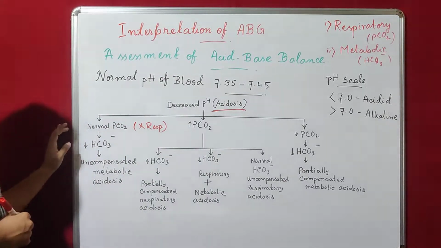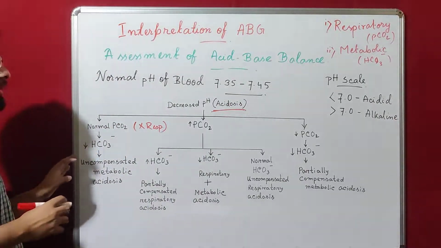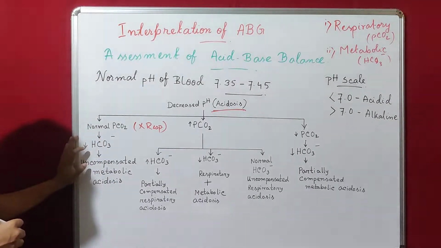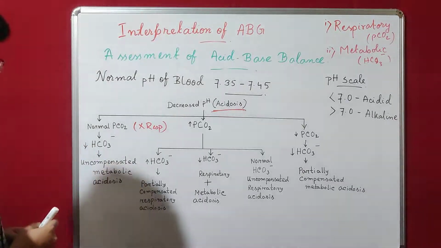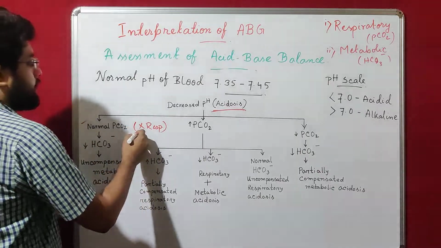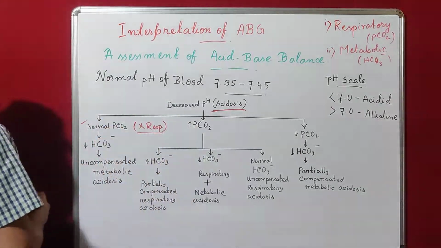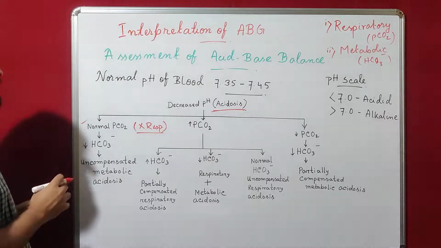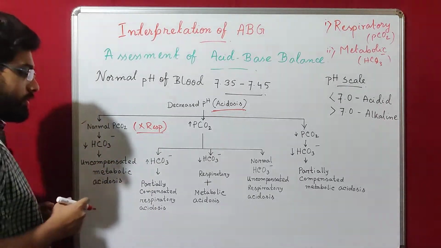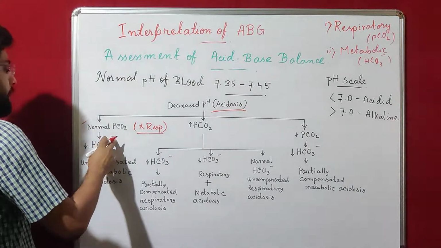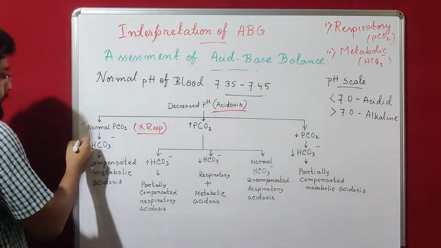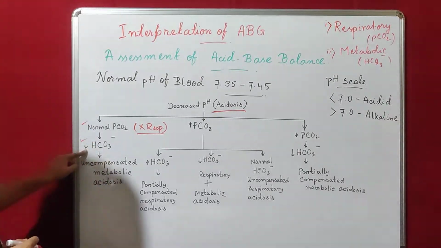So how will metabolic acidosis occur? Only if there is reduction in the concentration of bicarbonate ion. So against a normal PCO2, where there is no respiratory cause present, the cause of acidosis is only metabolic, and metabolic acidosis will only occur when the level of bicarbonate ion, that is the anion, is reduced.